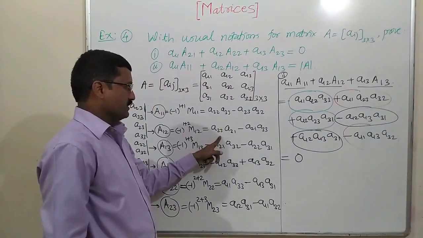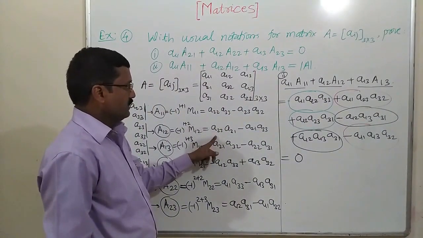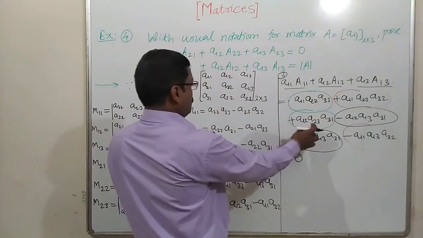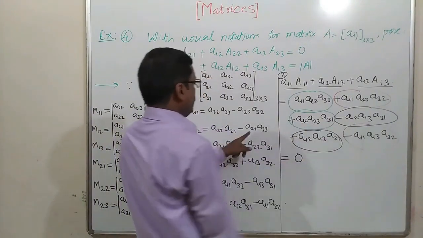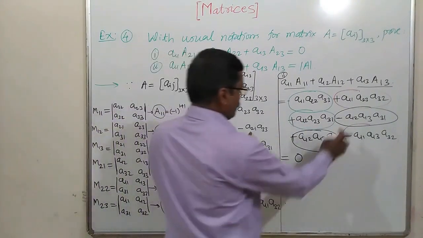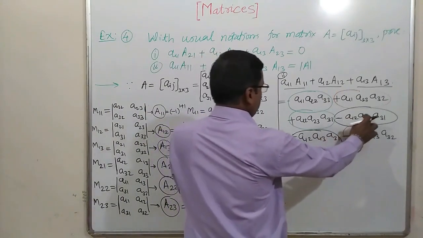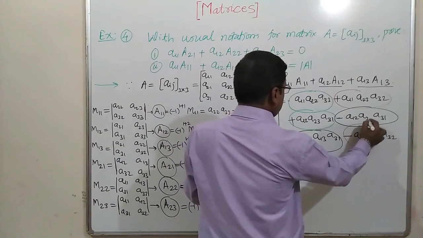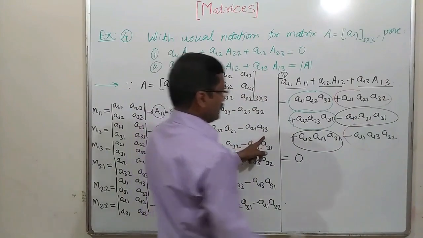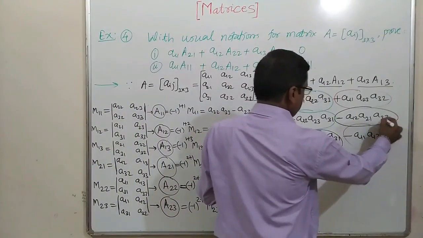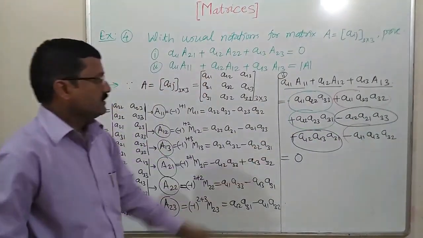This is with plus sign. Next, multiply this by a12, negative a12, then a21 and a33. Okay, that is the second one.